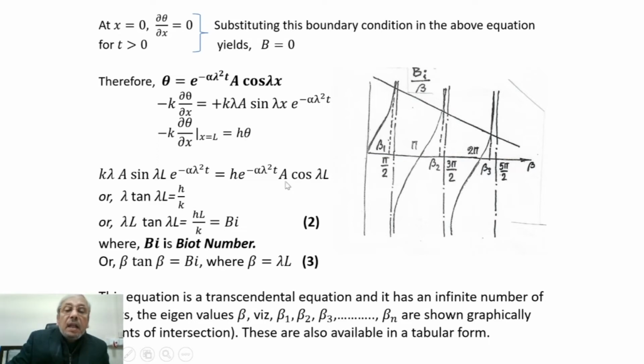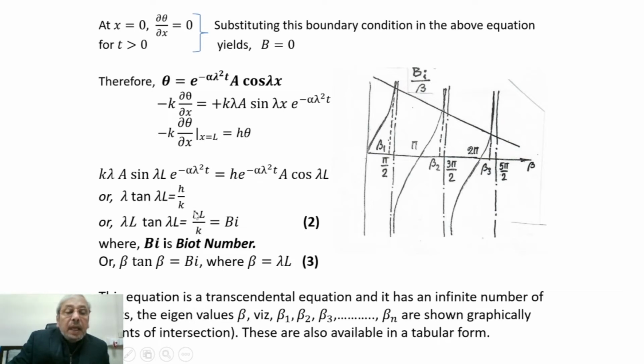Theta at L is a cos lambda L e to the power minus alpha lambda square t. So from here we get lambda tan lambda L equal to h by k, or we can multiply both the sides with L: lambda L into tan lambda L equal to hL by k.